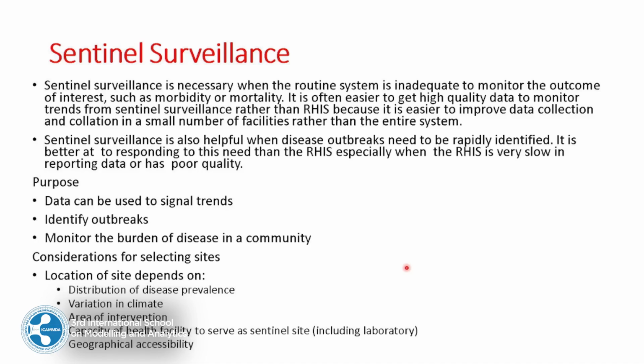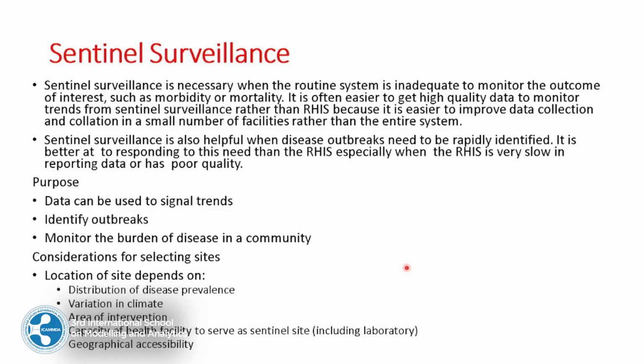We were able to establish that we have a high burden of malaria in Kebbi State, and so Kebbi State was selected as one of the states where the malaria vaccine would be distributed. So setting up sentinels gives us an idea of where intervention is needed the most. So location is very important, and the distribution of disease prevalence is very important in setting up sentinels.